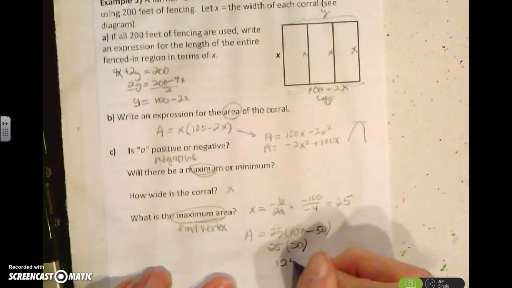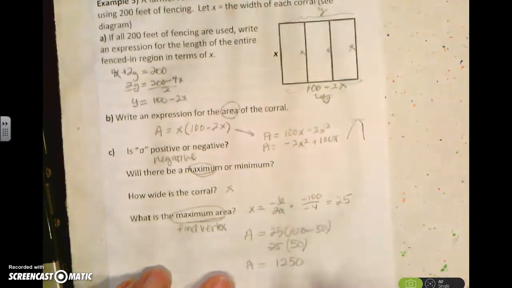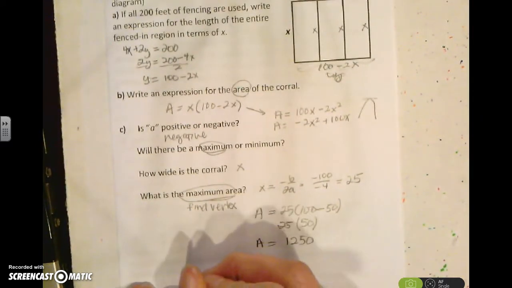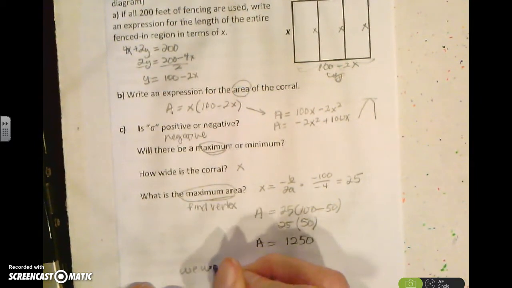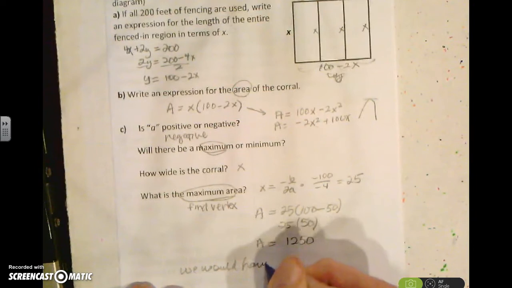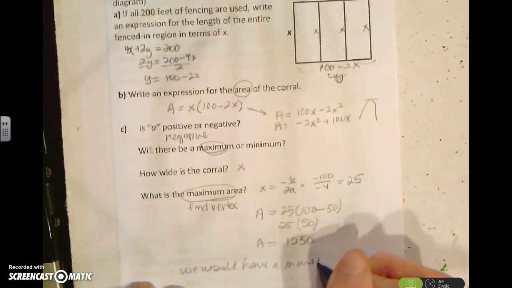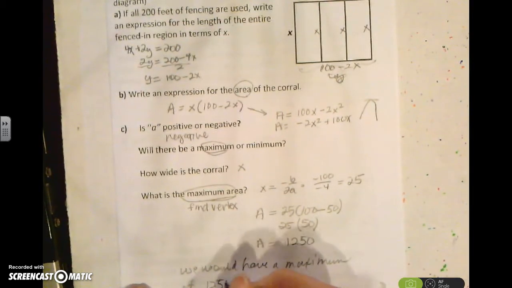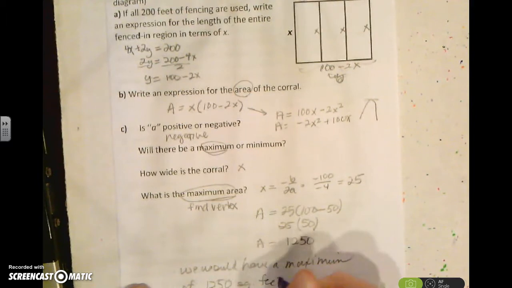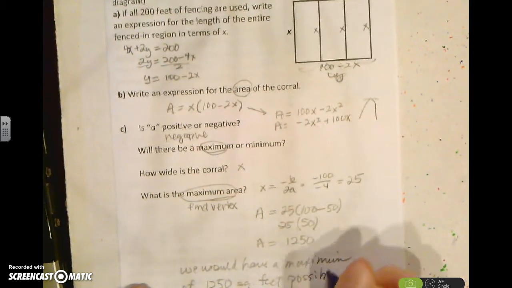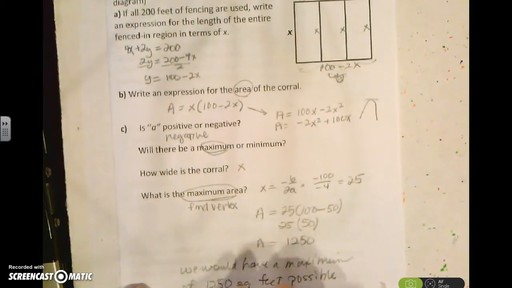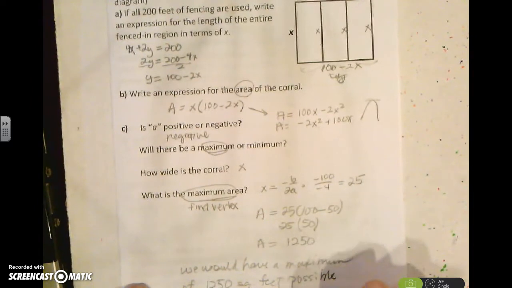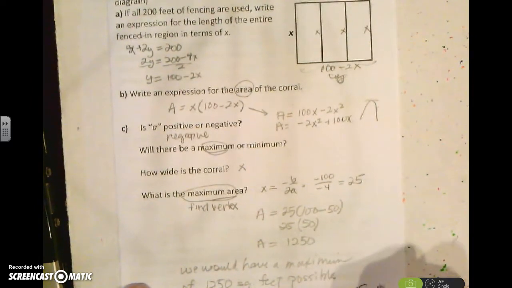which is 1,250 is the area. So if we made a statement, we'd say that he would have a maximum of 1,250 square feet possible when he makes the width 25 feet.